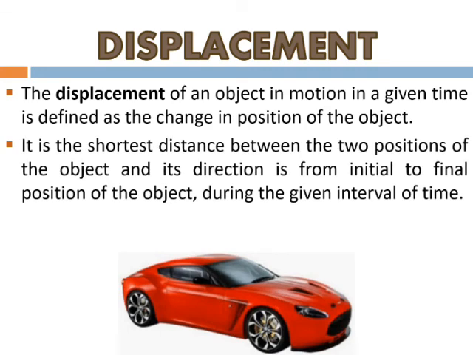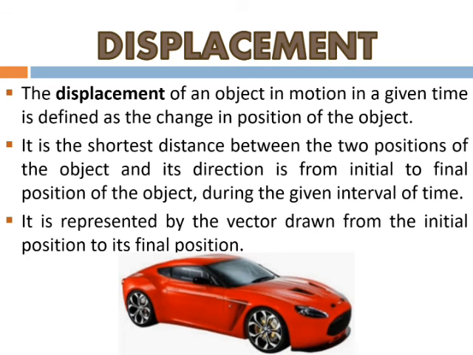Displacement is the shortest distance between the two positions of the object, and its direction is from initial to final position of the object during the given interval of time. It is represented by the vector drawn from the initial position to its final position. Displacement is a vector quantity as it possesses both magnitude as well as direction.